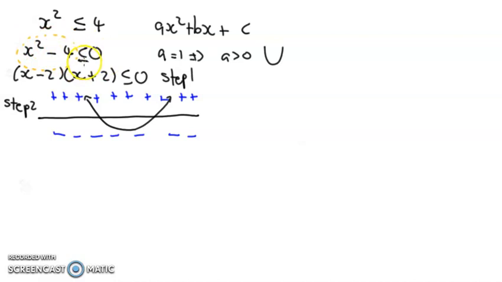If you have an equality sign here, it means that you have to include the roots. So you're going to put dots here. You put dots here because of this inequality sign here. And secondly, because this expression is less than 0. What we want is x values where this expression is less than 0. Where this expression is less than 0, it's at the bottom. It's here.